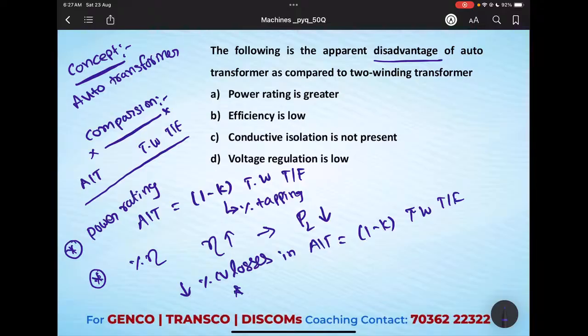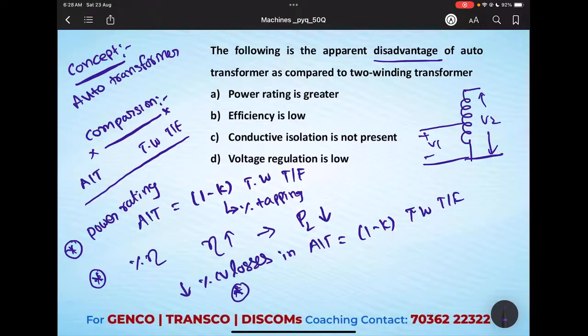Okay, next comparison is conductive isolation is not present. As we know that the auto transformer is designed such that the same winding will act as both primary and secondary. Okay, that means the same winding is going to act as both primary and secondary. There is no isolation between the windings.